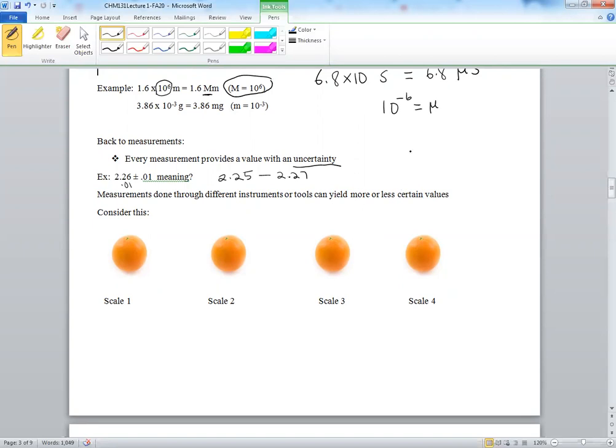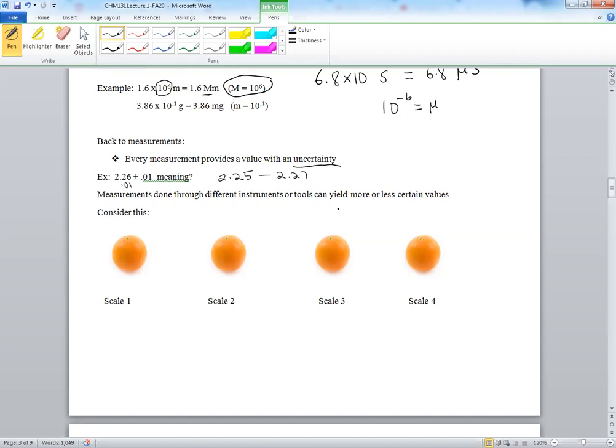Now, measurements done through different instruments or tools, even people, when they read, let's say, the scale in the lab, they read it differently. Or if you have a family member at home, and you're making measurements, let's say to renovate or remodel the house, you might read the width of the room versus the length differently from the other person.